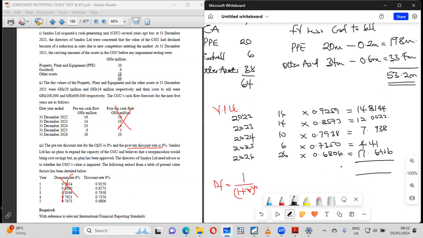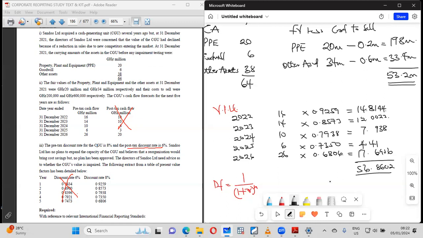If I add all these together, how much am I getting? I have 17.6956 plus 4.41 plus 7.938 plus 12.0022 plus 14.8144, and that gives me 56.8602, so like 56.86.